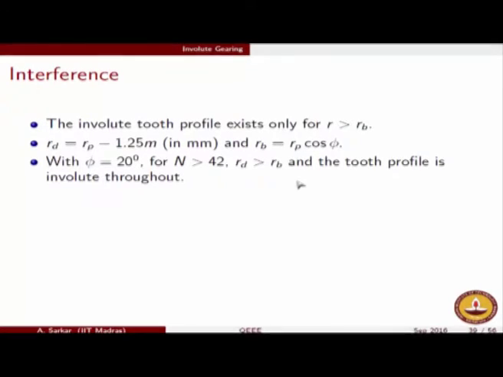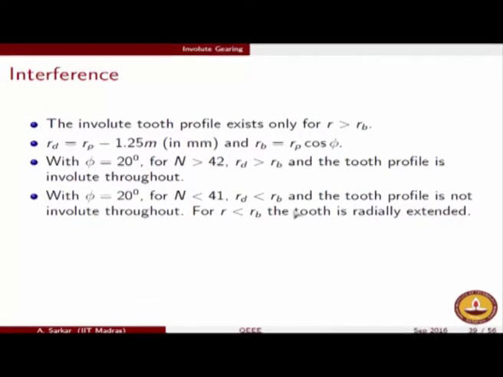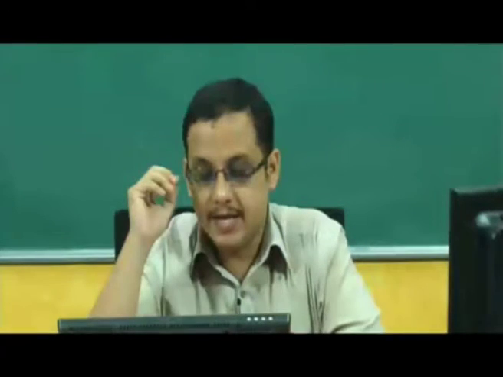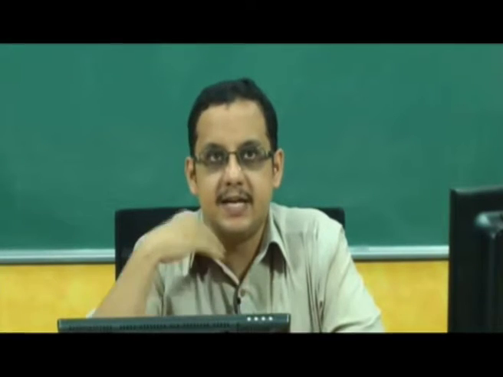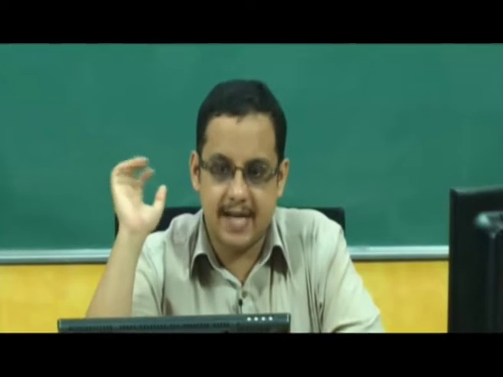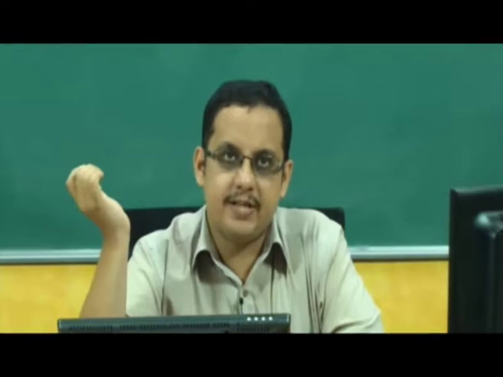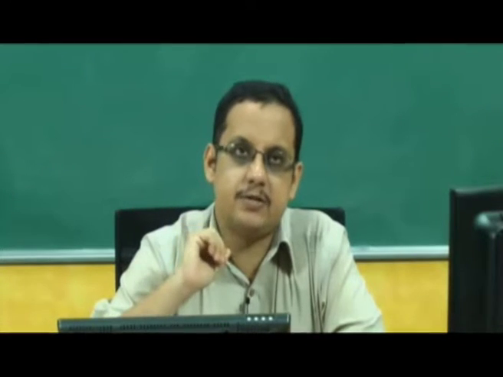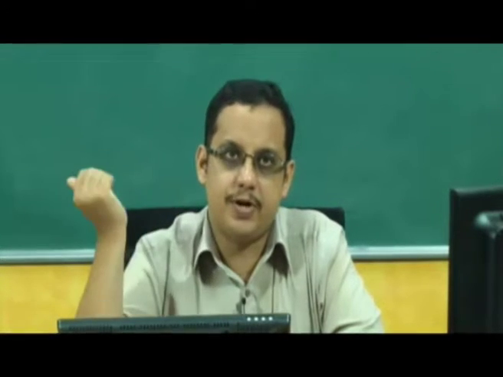But if the number of teeth is less than 41, we see that the critical number is 41 point something. So the number of teeth has to be an integer, either 41 or lesser, or 42 or greater.